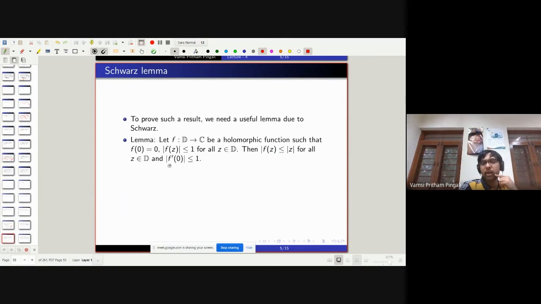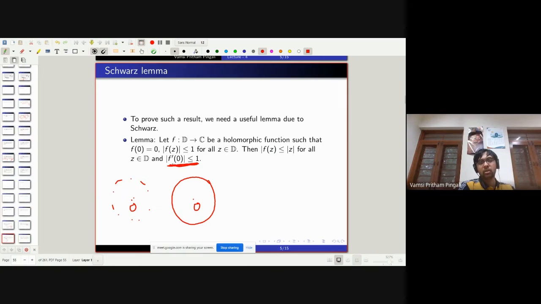So the intuition behind this statement is, if you have a map that takes 0 to 0, this whole thing goes inside this. So if the derivative here is too large, that means all these points nearby are allowed to move by a huge amount, right?